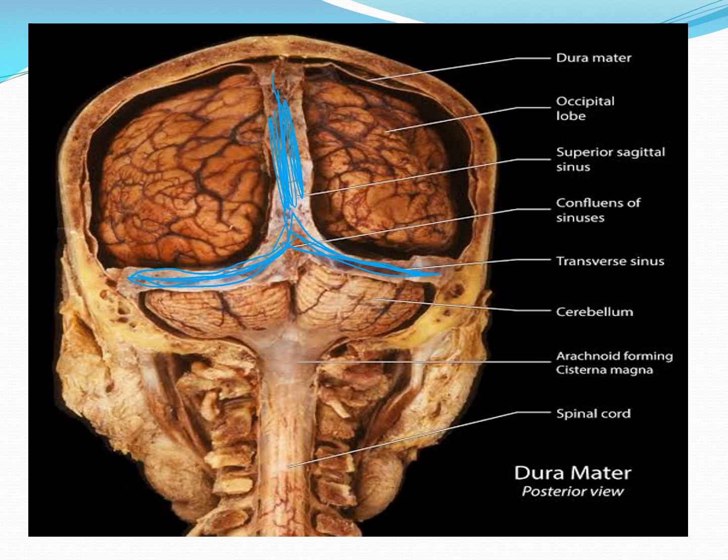Tentorium cerebelli is called so because this fold looks like a tent. Inside the tentorium cerebelli is present the cerebellum, and this is the falx cerebri. On either side we have the cerebral hemisphere. So let us see about these folds in detail.